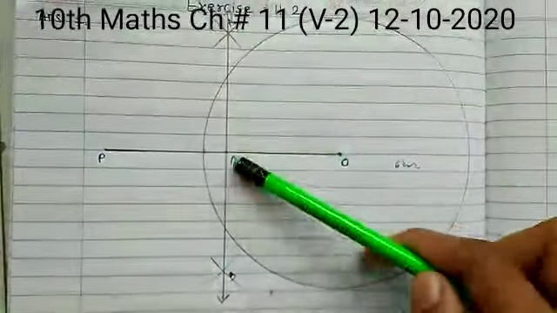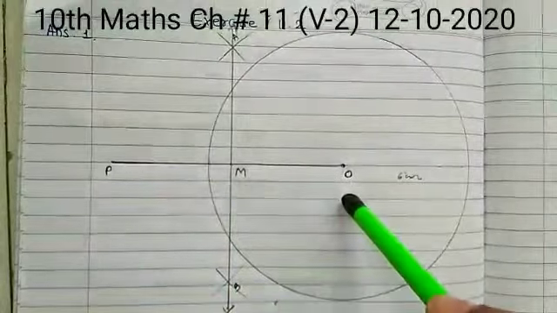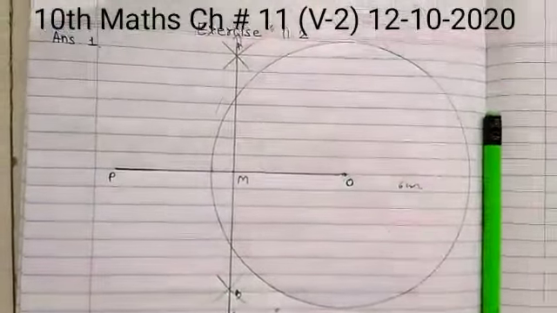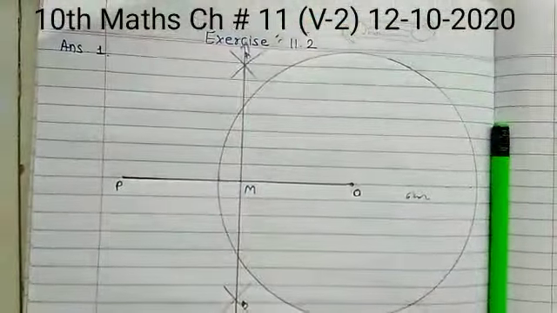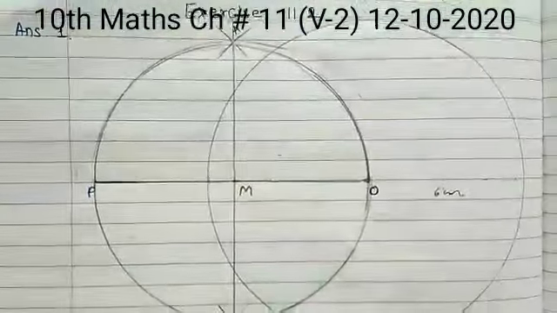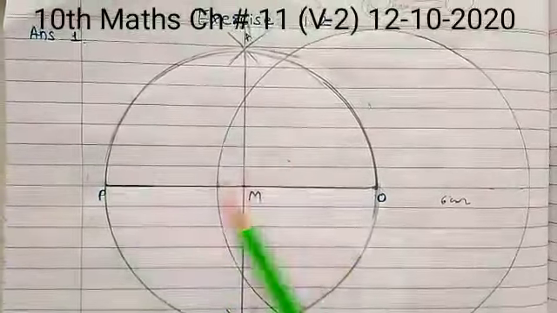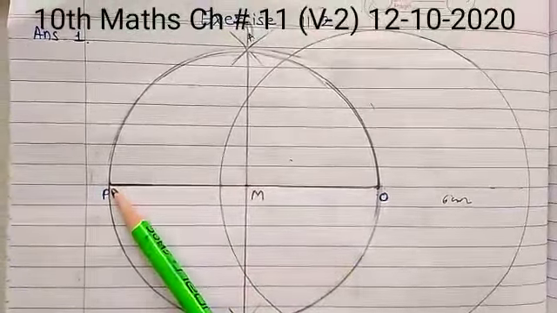Now from M, you have to draw one circle that will pass through P as well as O. So with center M, draw the circle. Like this, draw a circle with center M, and this circle will intersect at P and O also.